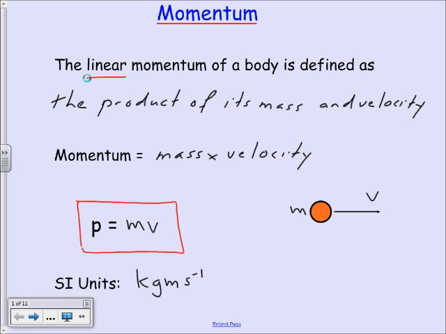And there's one other thing we should just note about momentum as to whether or not it's a vector or a scalar. What do you think? The diagram on the right here shows the thing moving in a particular direction. So we need to note that momentum is a vector quantity.